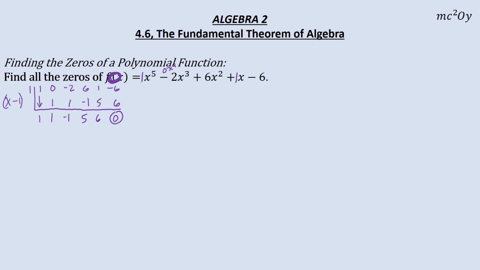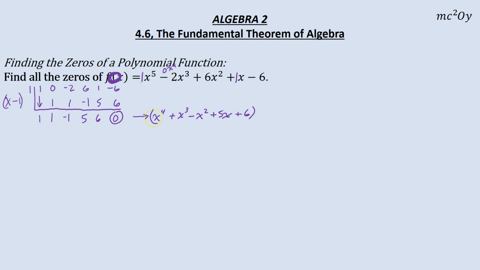Okay. So the function that's represented by the solution, x minus 1 times this thing, which is 1x to the 4th plus 1x to the third minus 1x squared plus 5x plus 6.